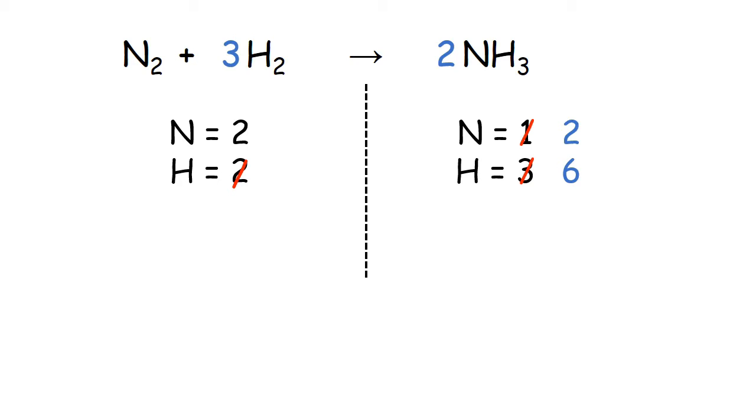So if we now have, instead of 1 hydrogen molecule, we now have 3, that gives us a grand total of 6 hydrogen atoms in the reactants. And if you look at our numbers on the left and on the right, we now have equal numbers. So if we are to perform this reaction in a balanced way, so that everything reacts properly, we have to use 1 molecule of nitrogen and 3 molecules of hydrogen, which will produce 2 molecules of ammonia.